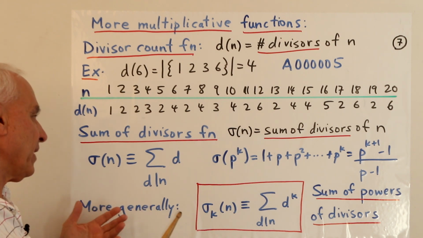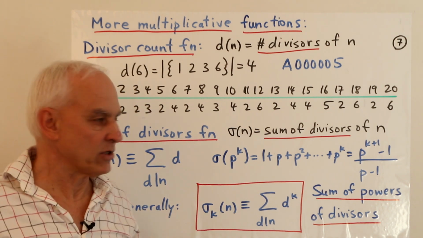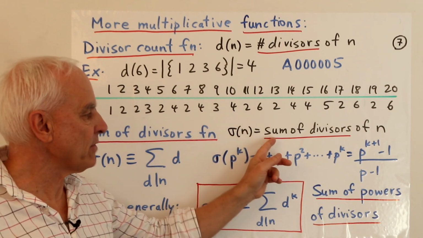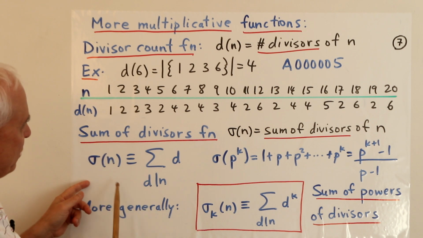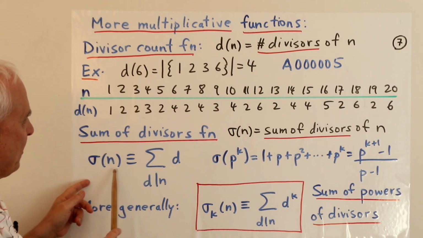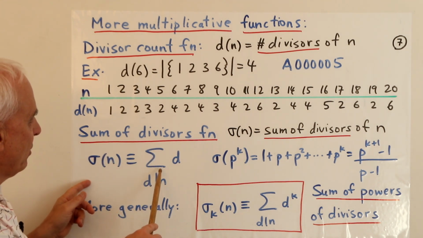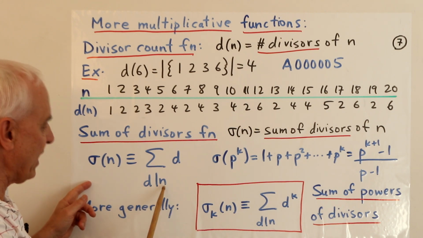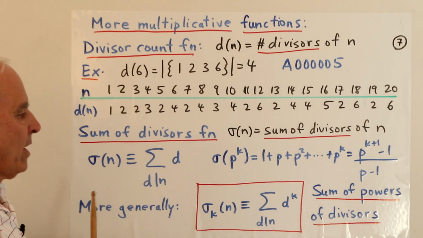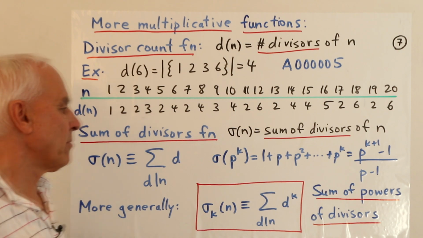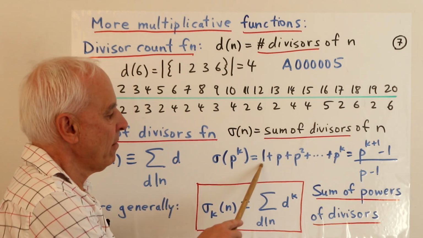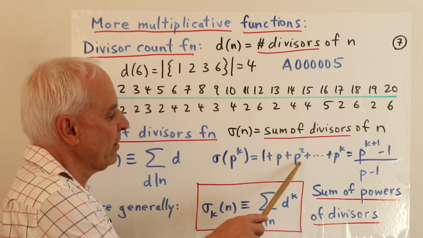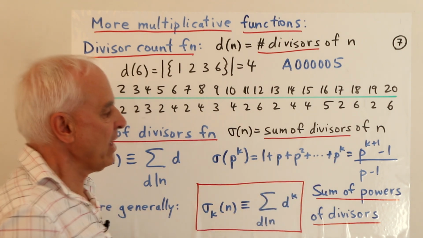Another kind of related thing is the sum of the divisors function, sigma of n. So now this is the sum of the divisors of n. In summation notation, sigma of n is a summation over d dividing n of d. And a crucial property is that sigma of p to the k is 1 plus p plus p squared plus all the way up to p to the k.